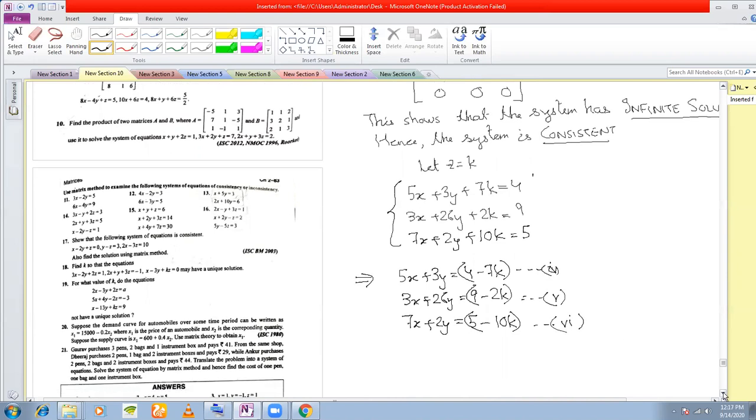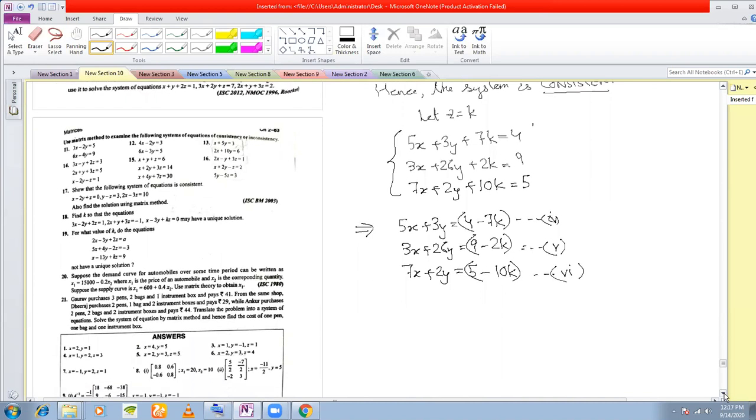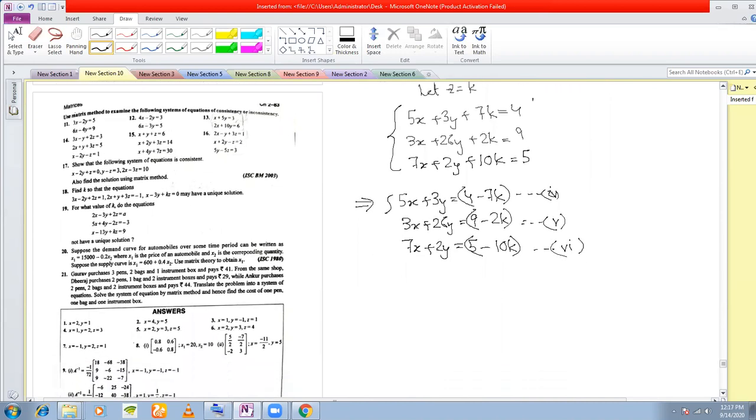Now you take any two equations. Let us take these two and solve them. Solving 4 and 5, we solve by elimination method. Multiply 4 by 3.